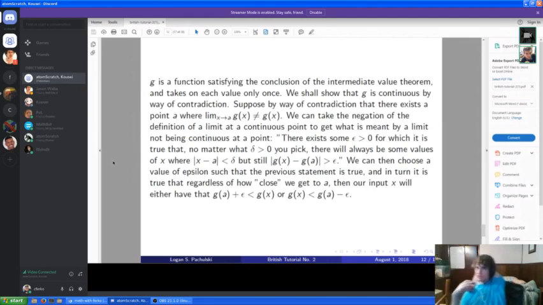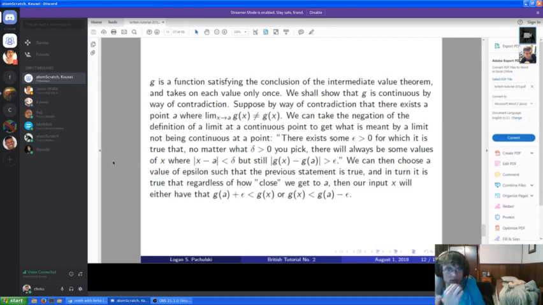That's the extra piece. Use a function satisfying the conclusion of the intermediate value theorem, and it outputs each value only once.